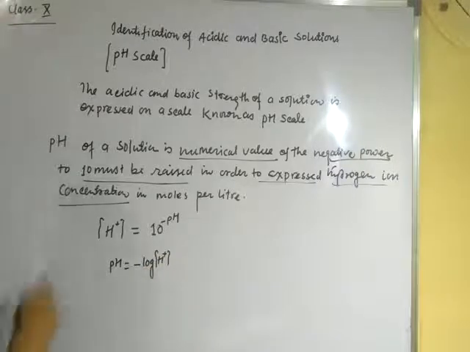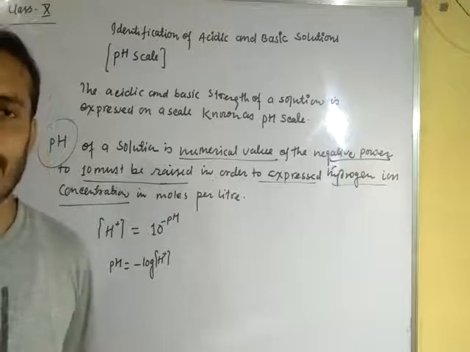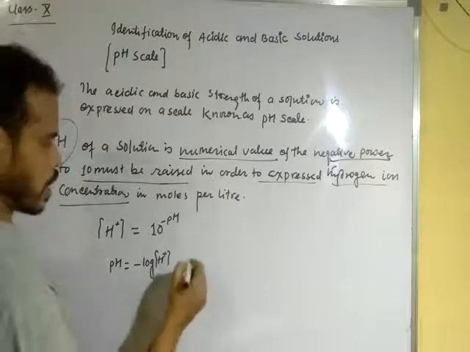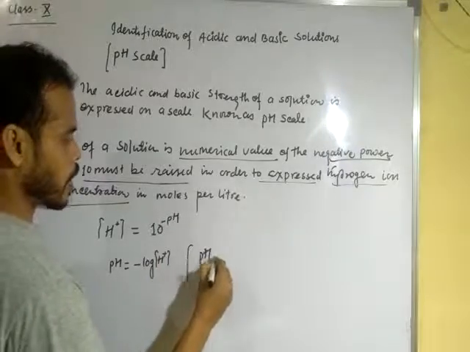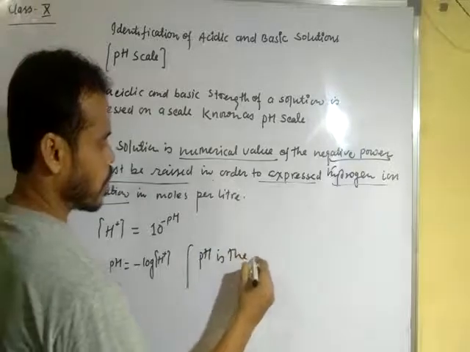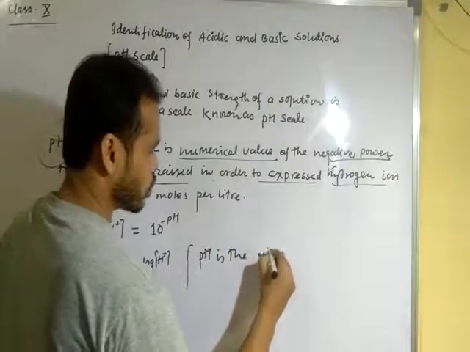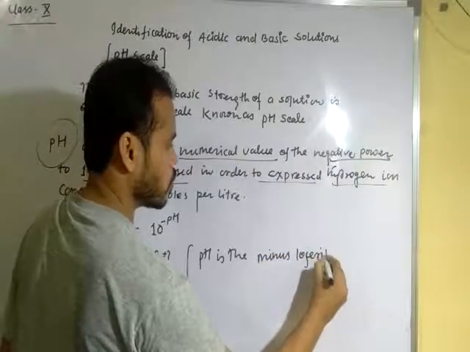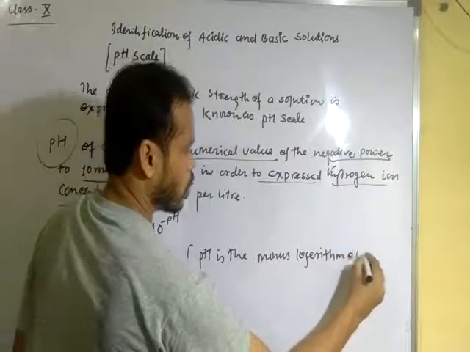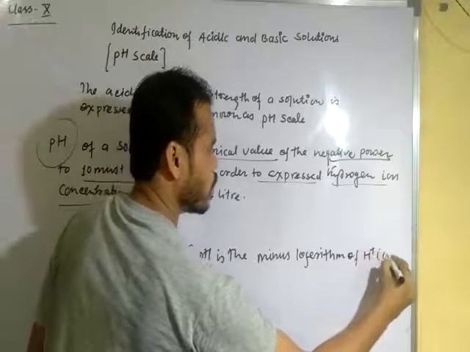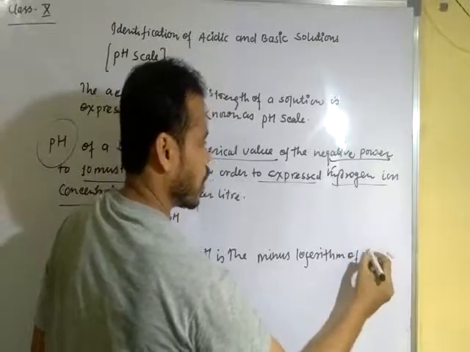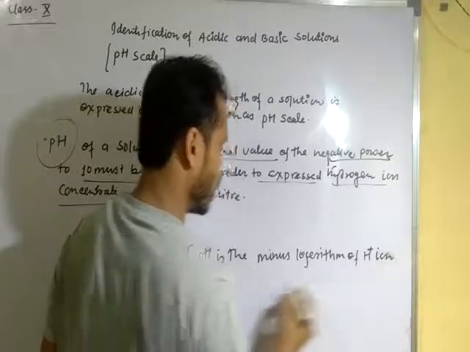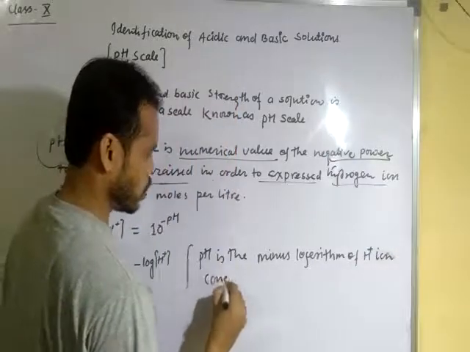The other definition of pH is the minus logarithm of H plus ion concentration.